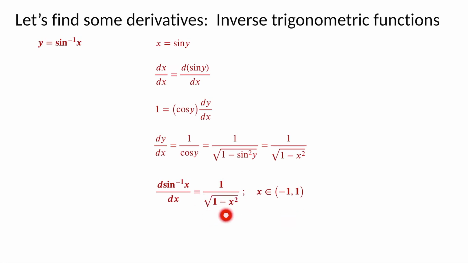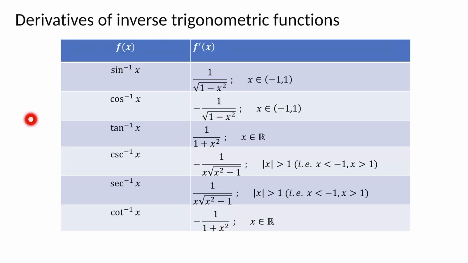We are assuming that we are operating in the real domain, so x must be a value between minus 1 and 1, not equal to minus 1 and 1, and neither less than minus 1 nor more than 1.